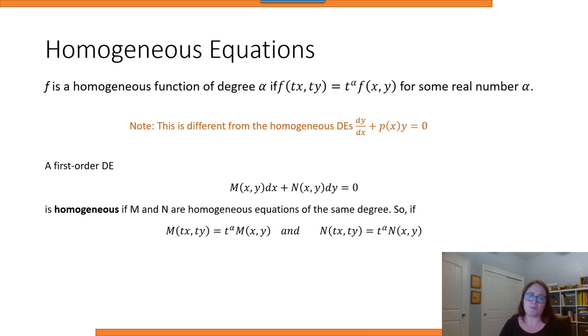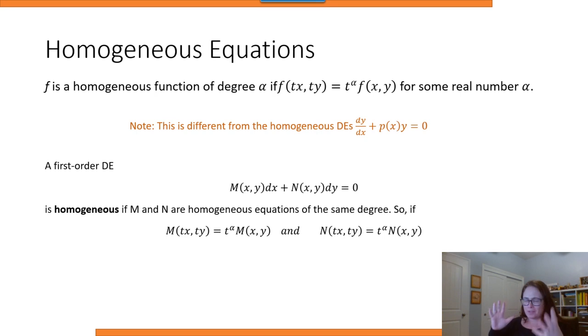For a differential equation, if I write it in that form, like exact equations, and I can take the two functions multiplying my differentials, the dy and the dx, plug in tx, ty into both of them and factor out the same power of t from both, then we would say that the differential equation is homogeneous.